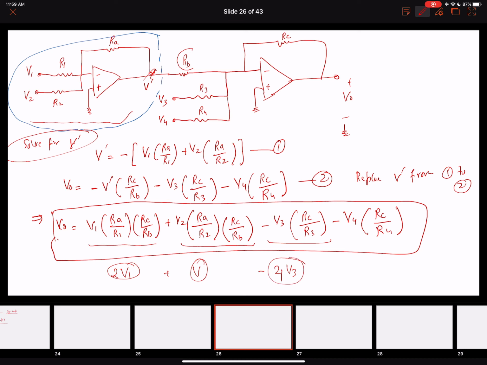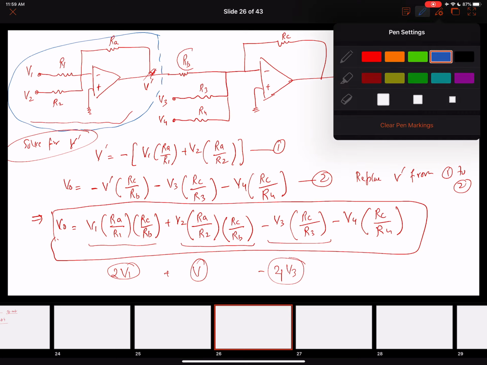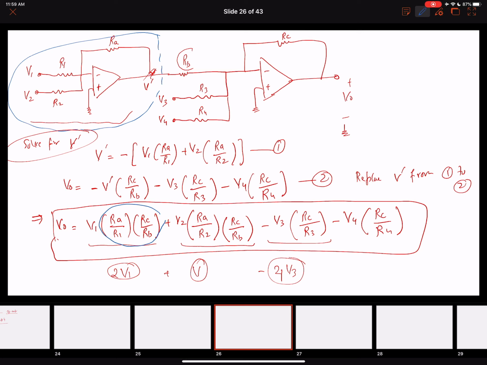All right, so this means I need this combination of these resistances to be equal to 2, this combination of these resistances to be equal to 1, and this combination of these resistances to be equal to 4.